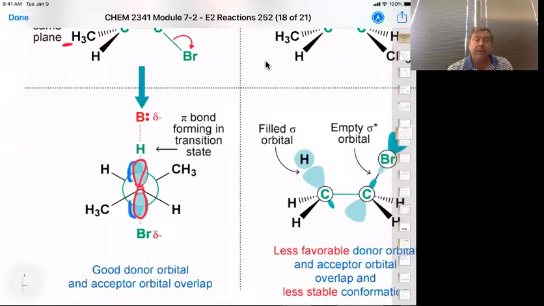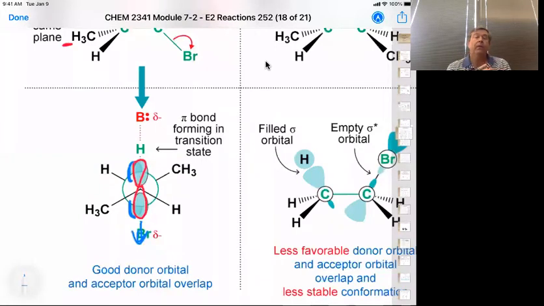And notice that because that sp orbital was sticking down, that the bond was sticking down, it's going to align there. So our hydrogen and our bromine are lined up. This is the best configuration because as we're breaking the hydrogen off and as the bromine is going, those two new p orbitals are perfectly aligned and it makes a great pi bond.